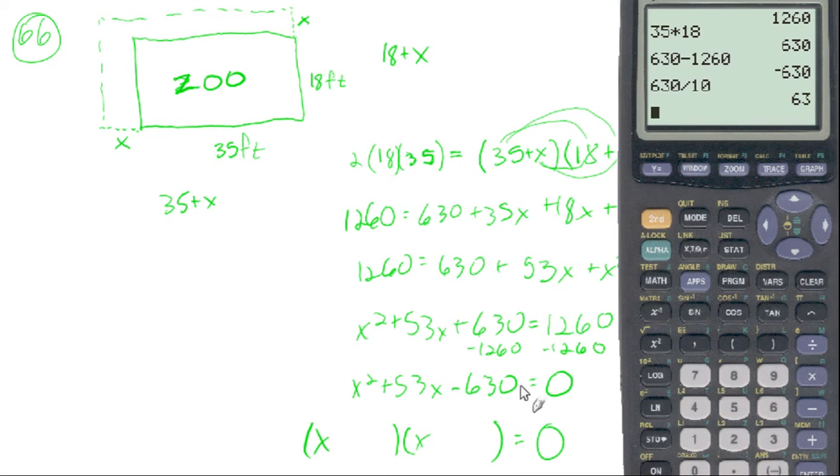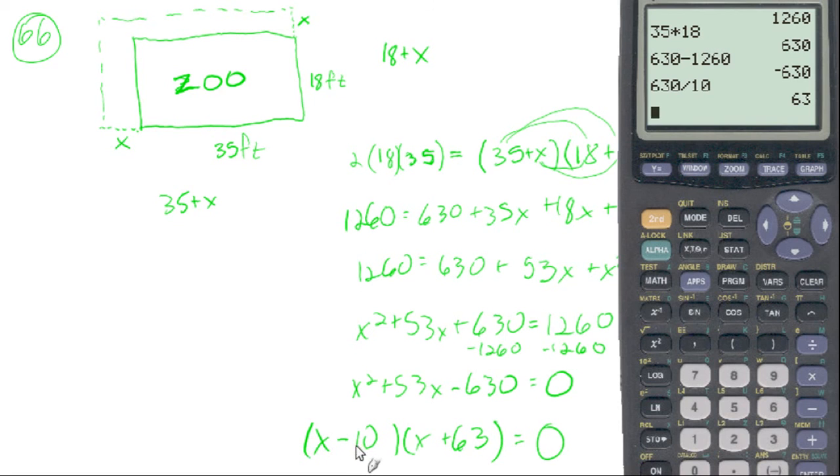We want to multiply to make negative 630 and add to make positive 53, and we just found that 10 times 63 is 630. So how about if we make this a negative 10 and a positive 63? Then if you multiply this out, you will find it's exactly the same as this. We're going to multiply and get negative 630, add to get positive 53. So there you go.